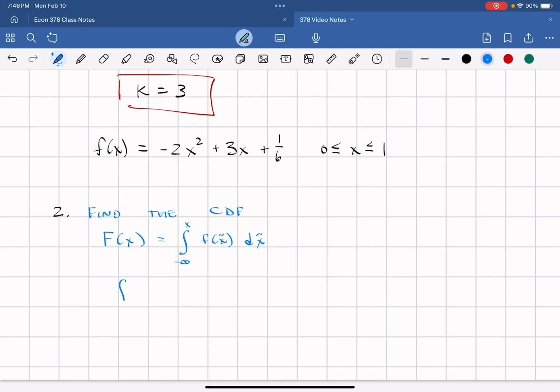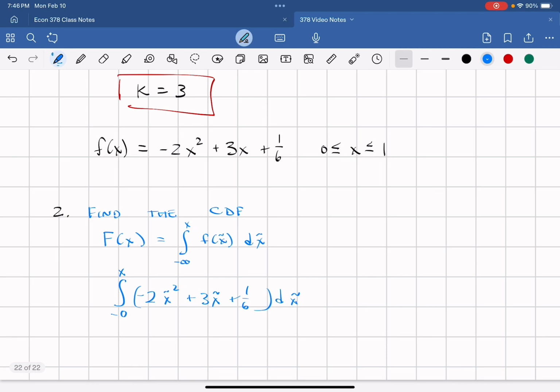So this is the integral. The lower bound is going to be 0 up to x of minus 2x squared plus 3x, let's call this x tilde, plus 1/6 dx tilde.